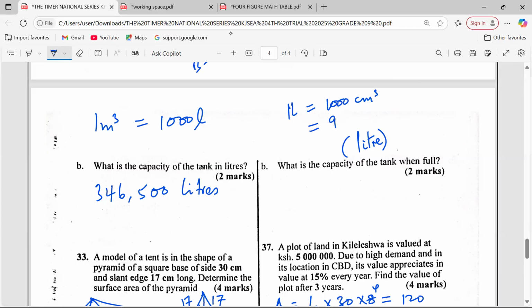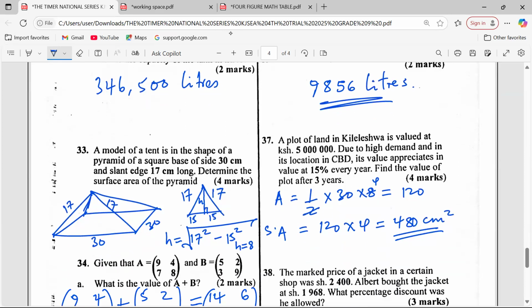So we have 9,856,000 cubic centimeters. How many liters shall be there? We divide by 1,000, and this gives us 98.56 liters when the tank is full.